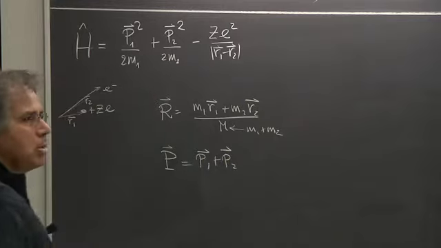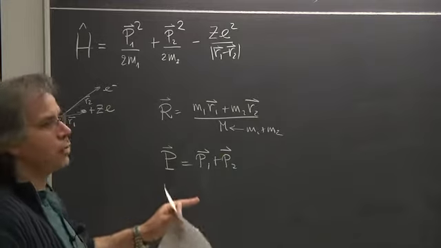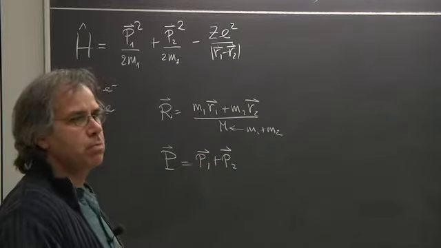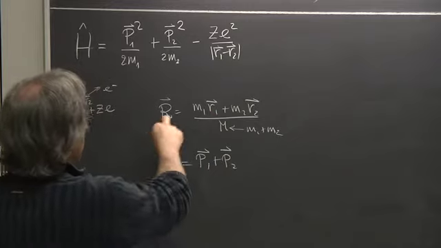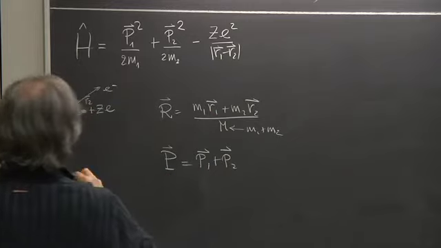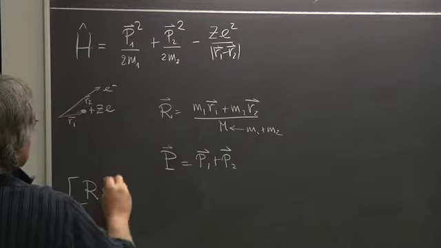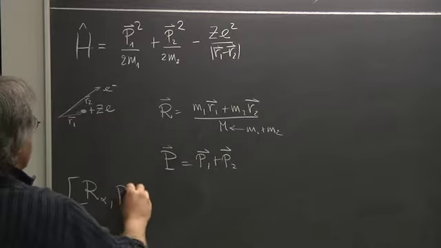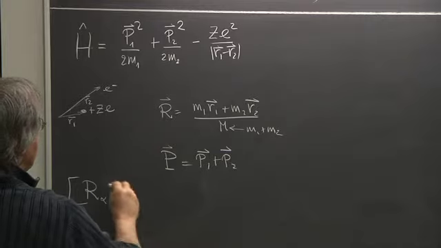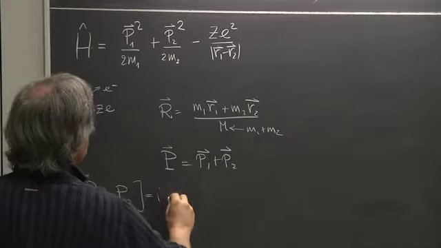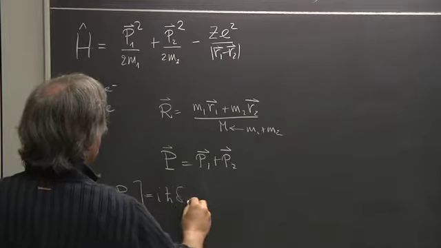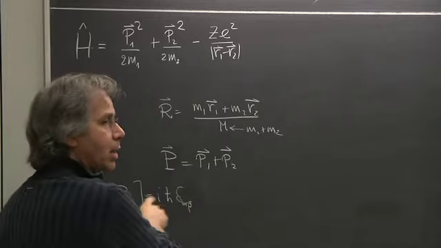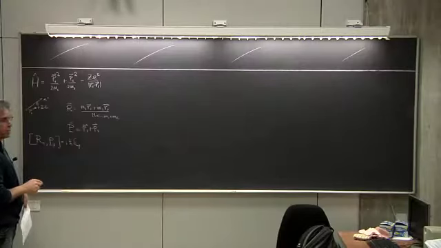And the total momentum corresponding is simply the sum of the two. These, in quantum mechanics, become operators, but it's very simple to prove that these operators satisfy exactly the standard canonical commutation rule. So for instance, take any component of R and any component of total P and verify that this is just i h bar if the two components are similar, X and X, Y and Y, Z and Z, and zero otherwise.